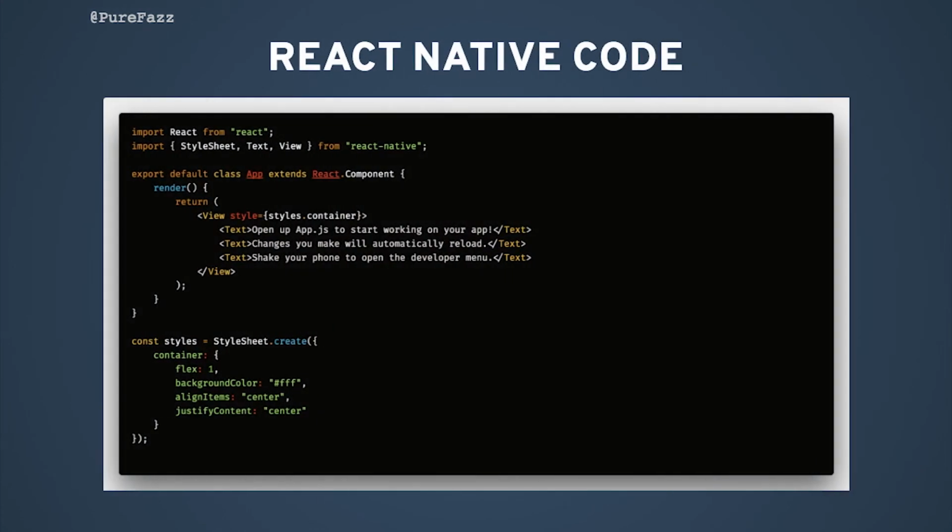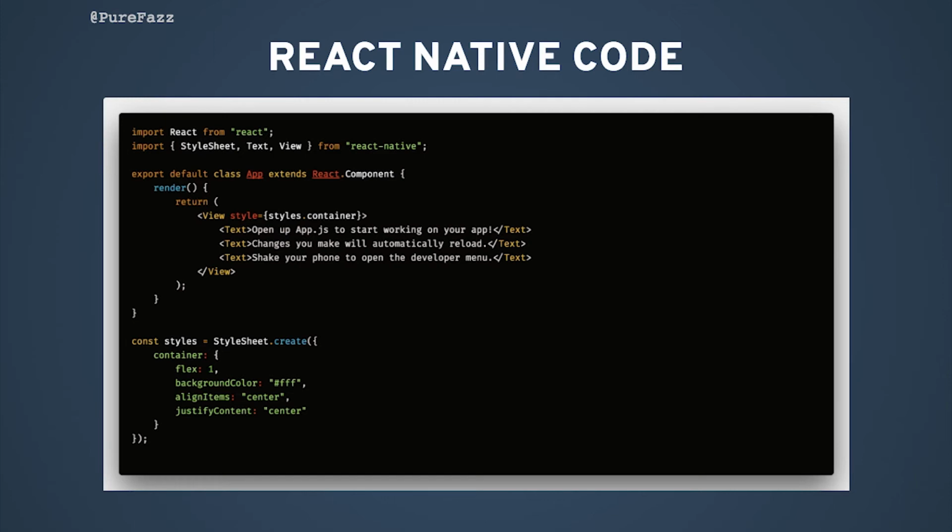So, some React Native code. It's very similar to React if you've used React, which most people here have, I assume. You have your View instead of a div. You have your Text instead of a span. And your styles are just JavaScript JSON objects with a CSS equivalent, with property names and values.